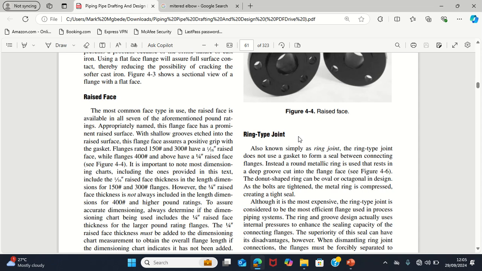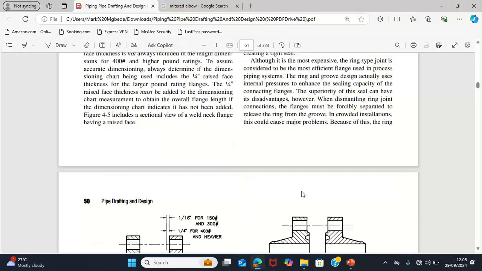Once you want to maintain such a line, it is very hard to disassemble such a connection, and even if you disassemble it, you can't reuse it again. You have to put in a new flange, and this ring type connection is very, very expensive.